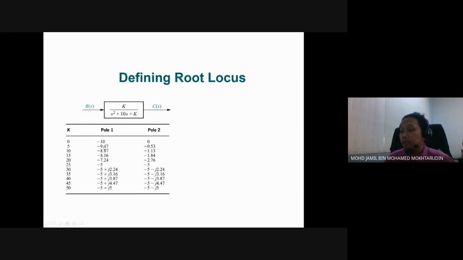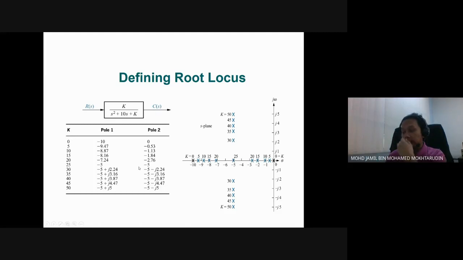So here you will see that the poles are changing depending on the gain K. But as you increase the value of K, the poles will somehow reach a single value. Here it will reach -5 plus j5, and another pole is -5 minus j5. So you will see that it will reduce until reaching a certain value, a constant value.